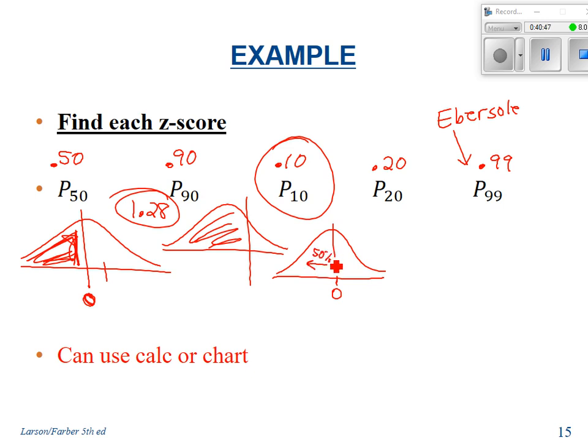That's 50%. So anything under 50% has got to be a negative. Anything above 50% has got to be a positive. So this one we know is going to be a negative. How about this one? Negative. And that one's got to be a positive.